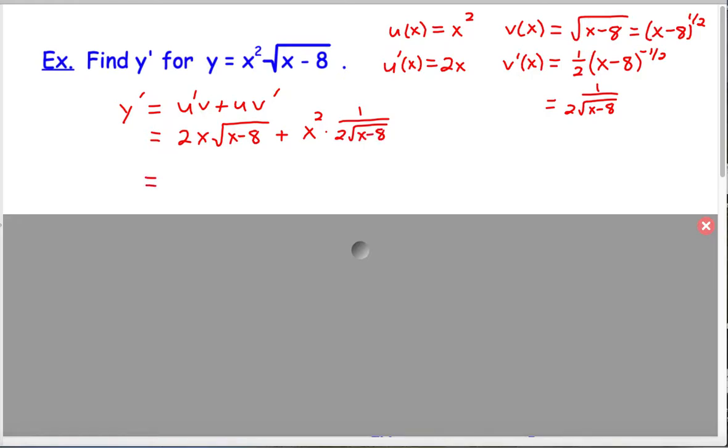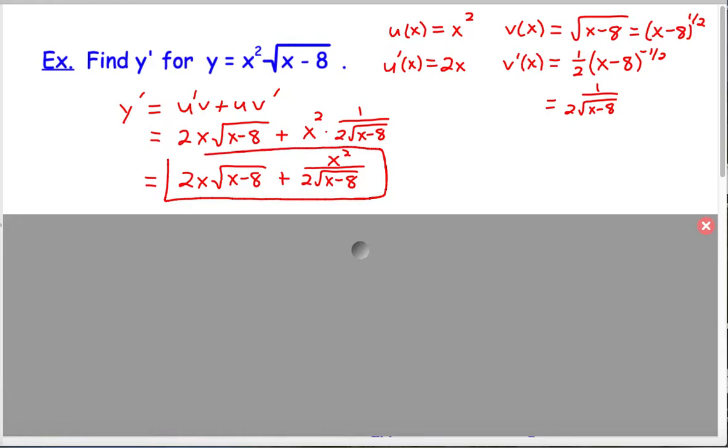There's several ways we could write that, but since I'm using the square root in the first one, I'll probably write the second one as a fraction and 2 square root x minus 8. If you want to write it with fractional exponents instead of radicals, that's fine, but they're all equivalent.